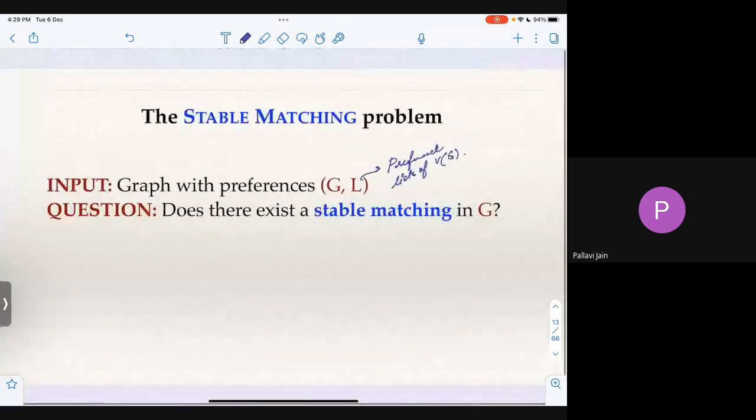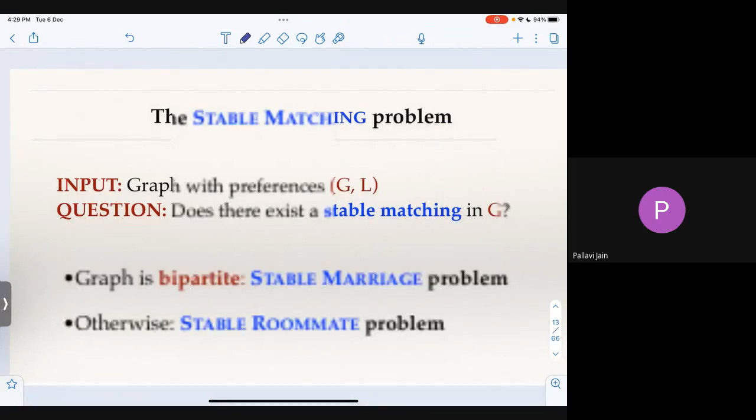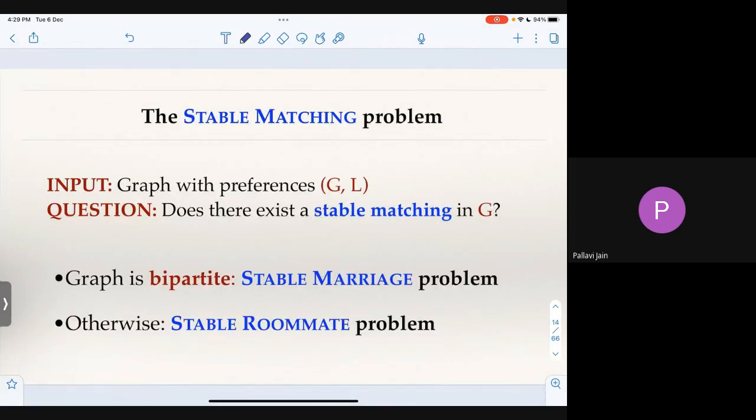And the question is, does there exist a stable matching in this instance? When this graph is a bipartite graph, it's known by its famous name, the stable marriage problem. And when it's a non-bipartite graph, it's known as the stable roommate problem.